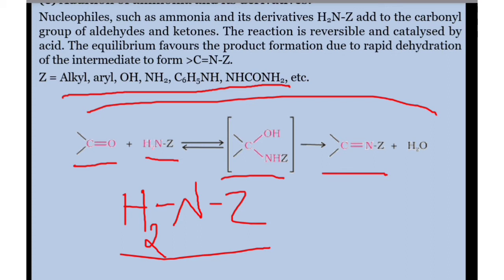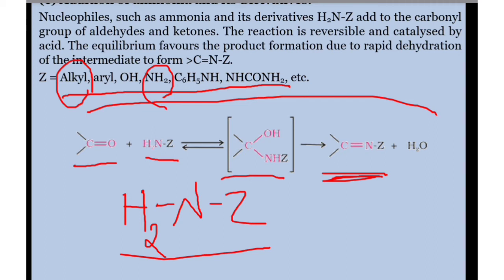If Z here is an alkyl group, then you're going to have this as your product. So where there's Z, you just put that alkyl group. Z can be an alkyl group, an aryl group, a hydroxyl group, or the amino group, or any of these groups listed here.